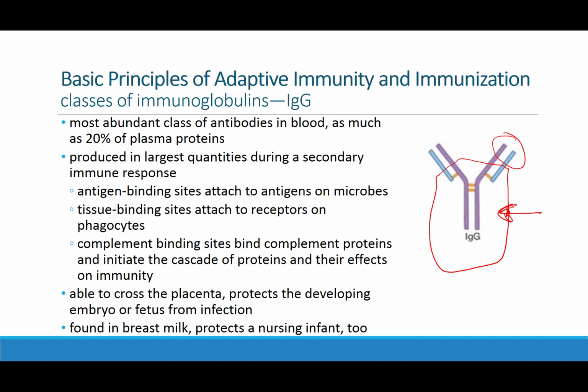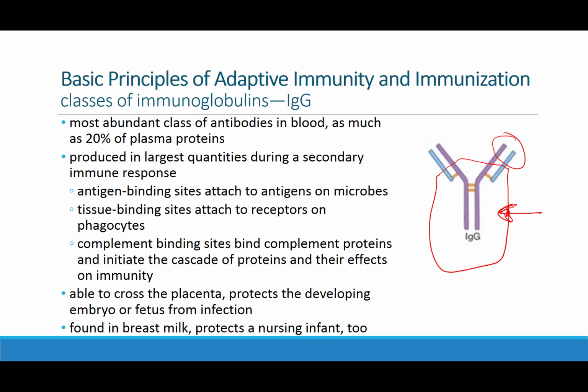And so once the IgG antibodies have bound, then phagocytes can bind to them and then phagocytize it. There's also regions of this antibody that act as complement binding sites. And so that allows the first of the complement proteins to bind and initiate that whole cascade of complement protein formation and all the effects that we see of complement on immunity.